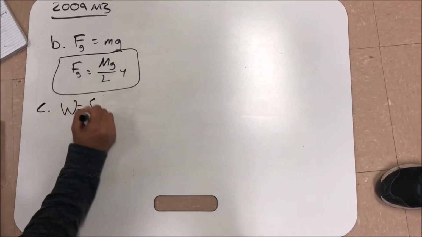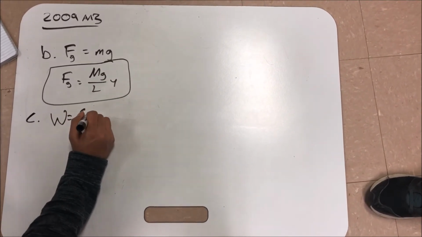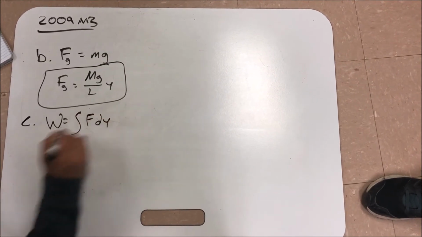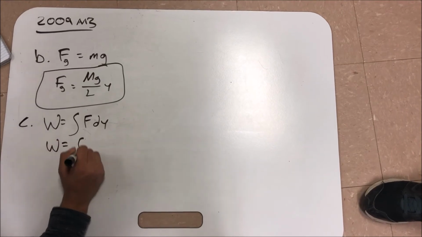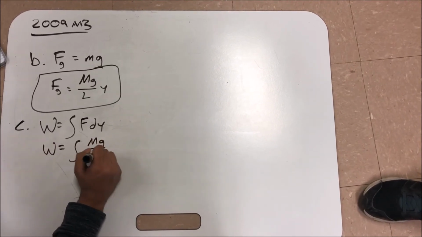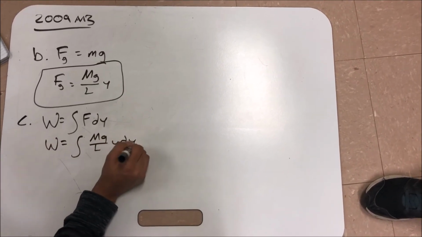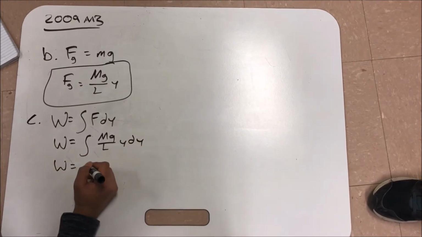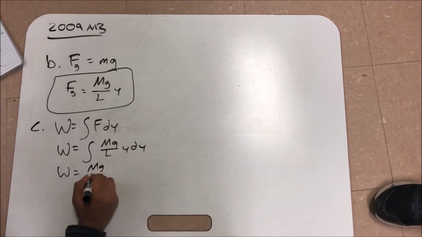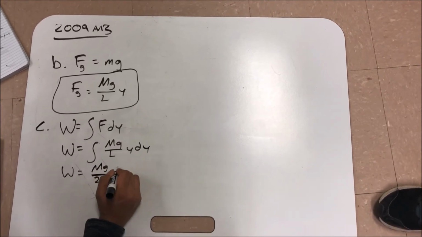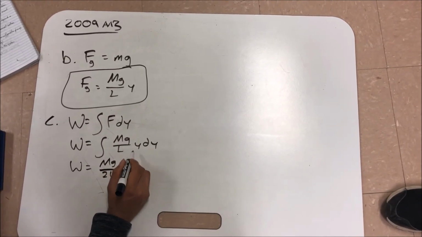For part C of this problem, we have to derive an expression for the work done by gravity on the rope as a function of y. We assume that y is initially 0, and y is the hanging part of the rope. We set up an integral expression for work, which is force times distance, where the distance is dy.